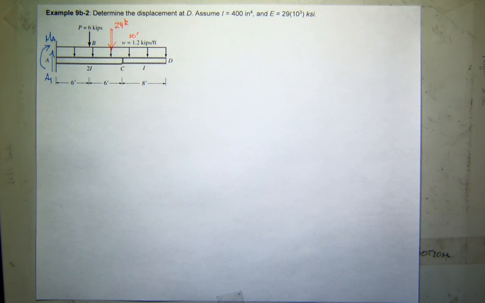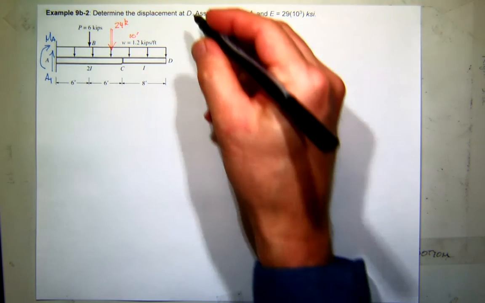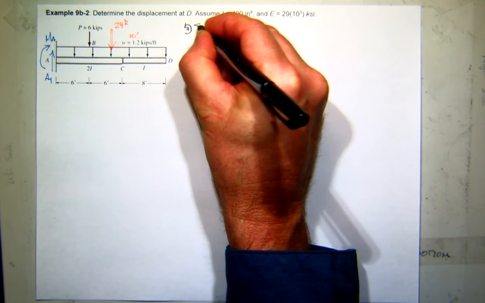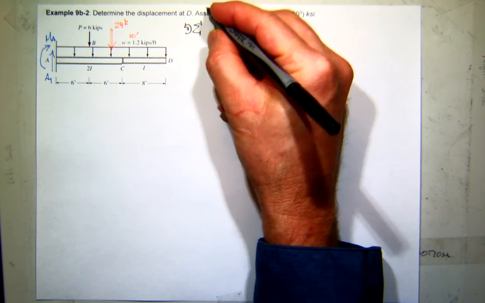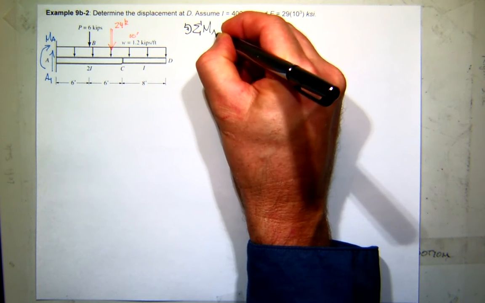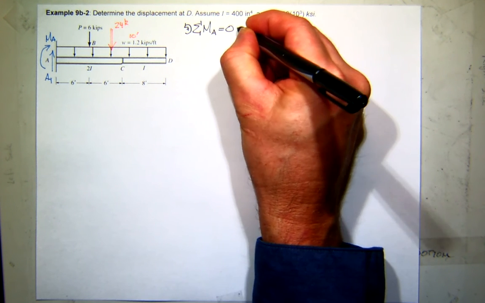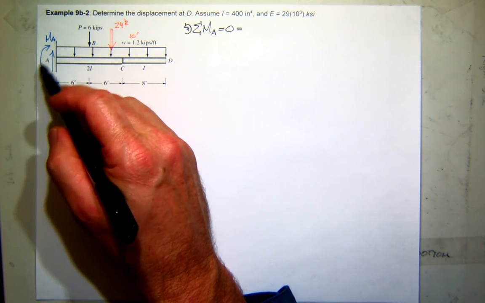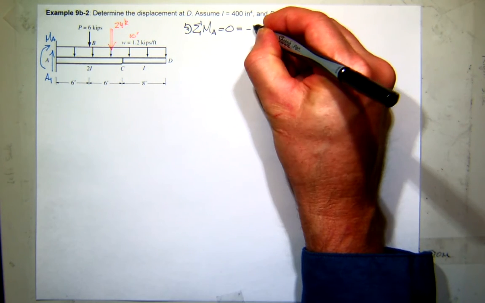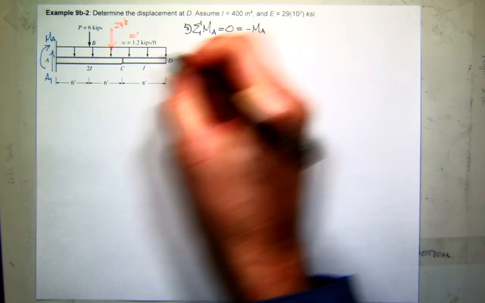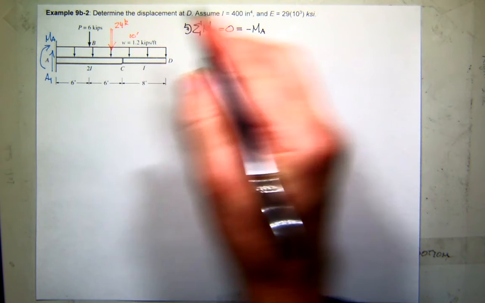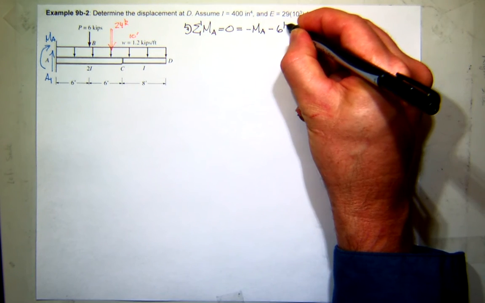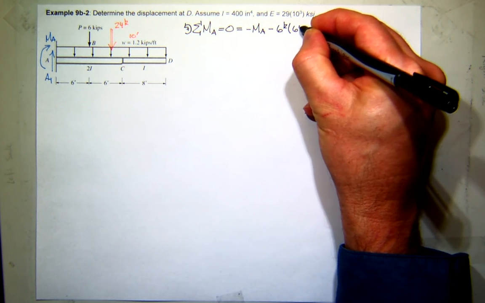So with that information, I'm going to slide over here to the side and find my reaction. So again, summing moments. Using the right-hand rule, I'm going to sum moments at A and make sure I'm in equilibrium. So summing moments at A, I have the applied moment, which is negative. About A, these two forces also create negative moment. The first one would be a 6-kip force at a distance of 6 feet.